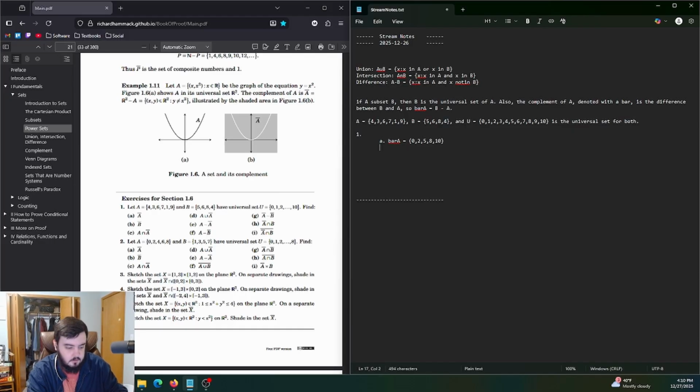B bar is equal to 0, 1, 2, 3, 7, 9, and 10. Crazy. Okay, look at this. That's such a ridiculous one.